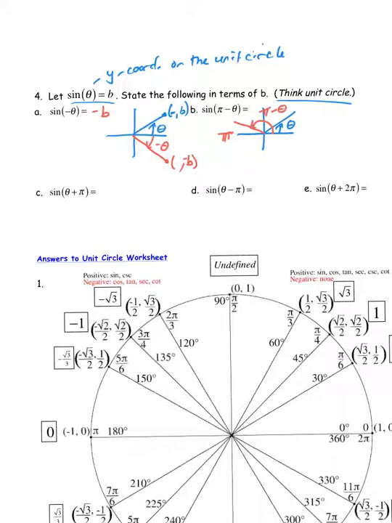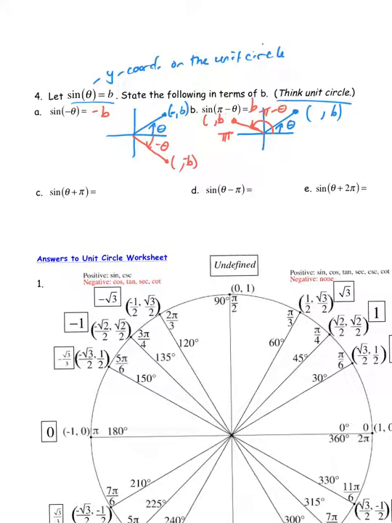So sine of pi minus theta, so this point here where theta is something, b, and the coordinate for sine of pi minus theta is going to have a y-coordinate that's also equal to b. So sine of pi minus theta is positive b.